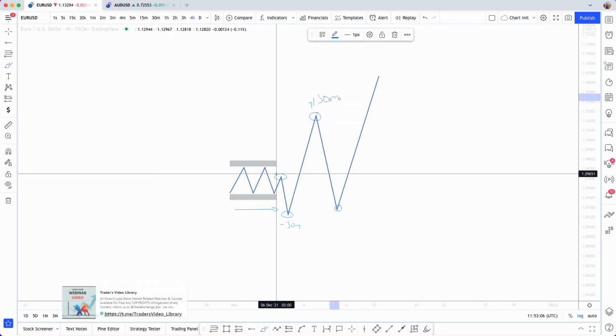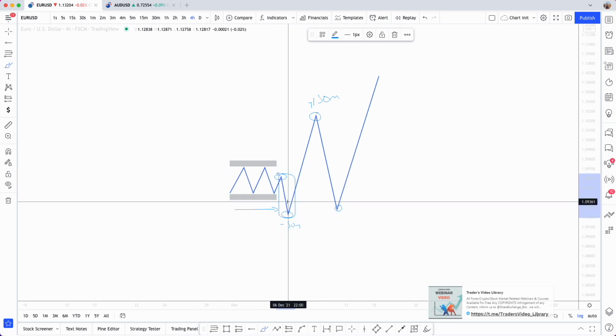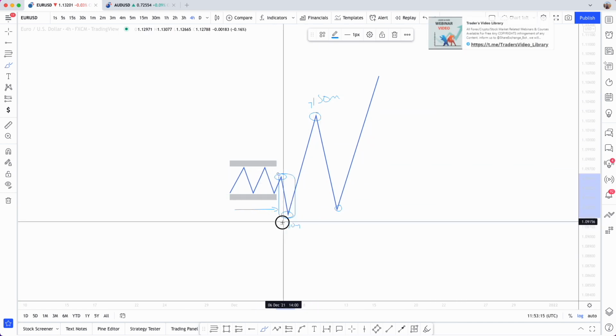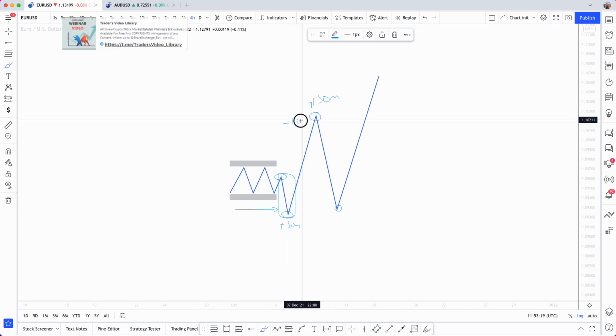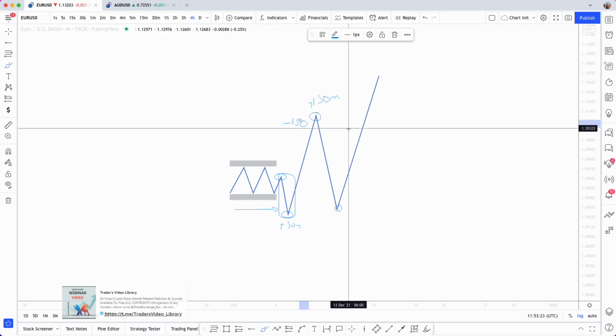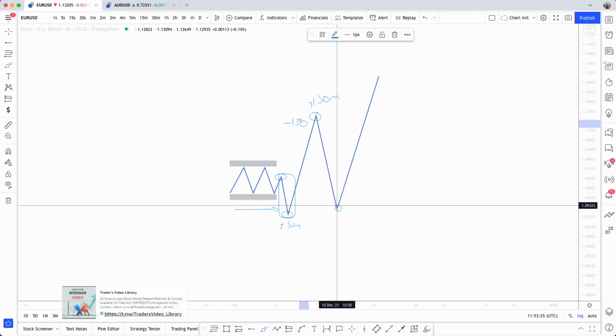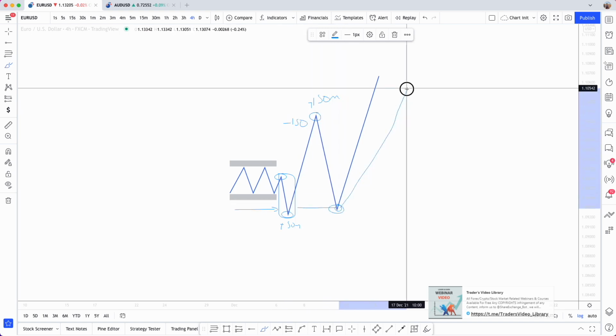However, they still have these sell positions open. Once they're up here, they're going to be sitting in drawdown, say minus 150 here as well. So what they need to do is mitigate their losses. They push price down, down, down until they've mitigated their losses, and then they continue the move.